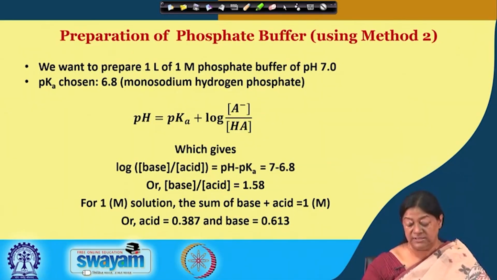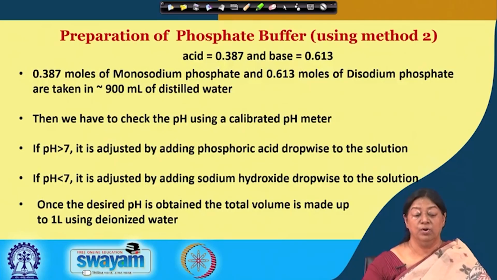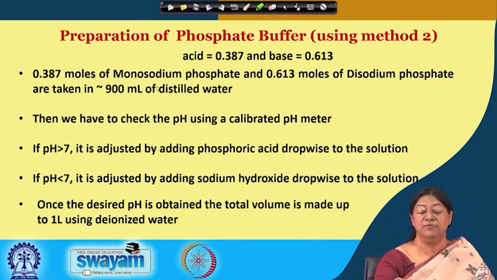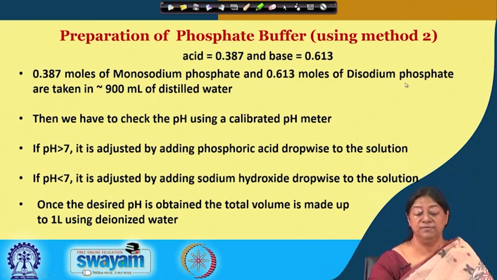Based on an understanding of the monosodium phosphate molecular weight, we can determine the weight required for a specific volume of solution. So, 0.387 moles of monosodium phosphate and 0.613 moles of disodium phosphate are taken in approximately 900 milliliters of distilled water if 1 liter is to be prepared.